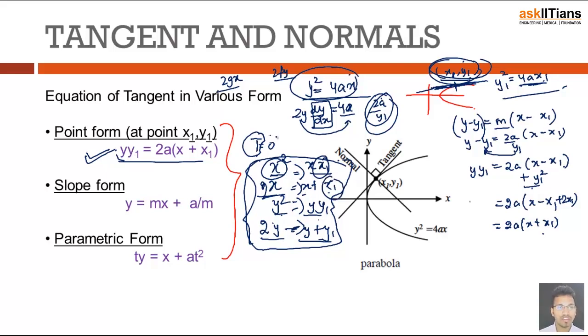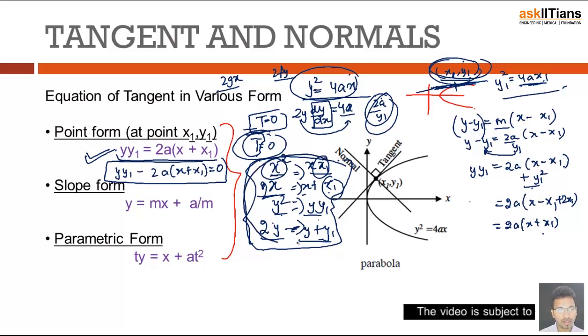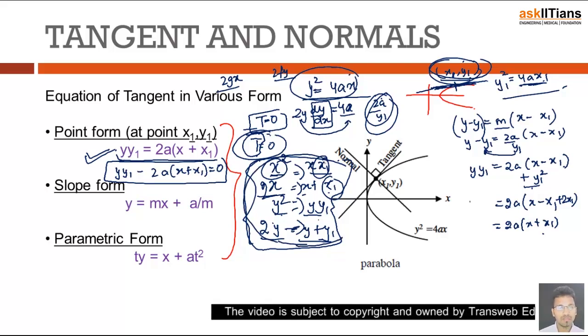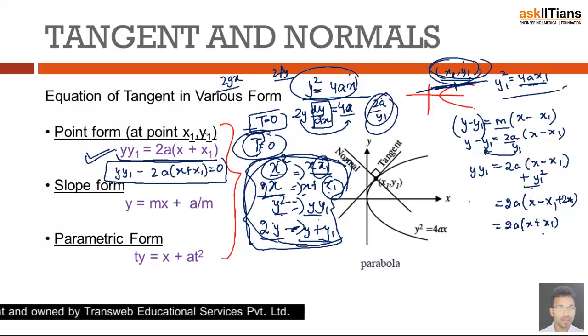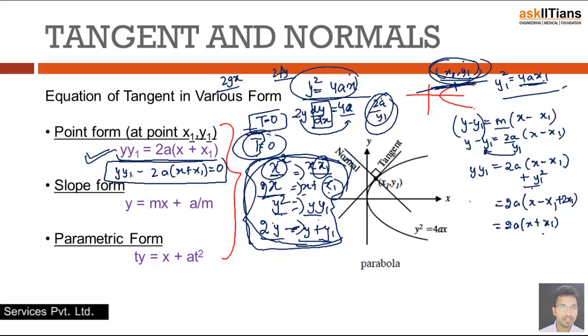This conversion is represented by T equal to 0. So anywhere I write T equal to 0, I am referring to this conversion, transforming the variables in the equation of a curve into the equation of a line. This is a very popular conversion.